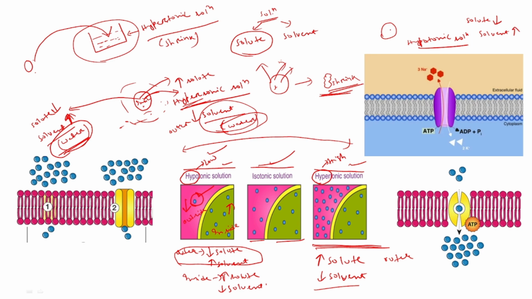That means inside, the solvent is less. The solvent means, let us say, water. Obviously in the cell the solvent is water. That means in the hypotonic condition, the water molecule concentration is higher at the outer side and lower inside.